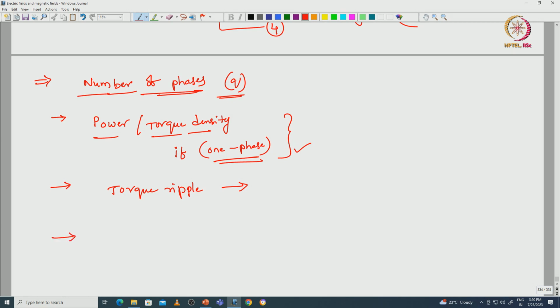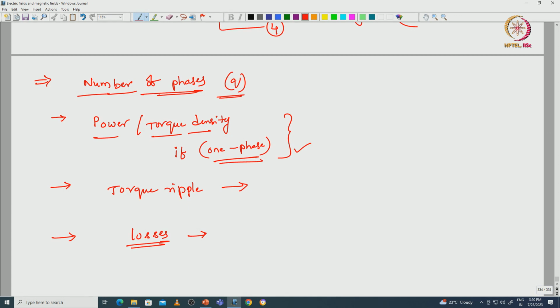For example, if 4 phases are there in one machine and another machine has 3 phases, the current flowing through the winding is the same. In that situation, the losses will be the same under the condition that the winding resistance is the same.